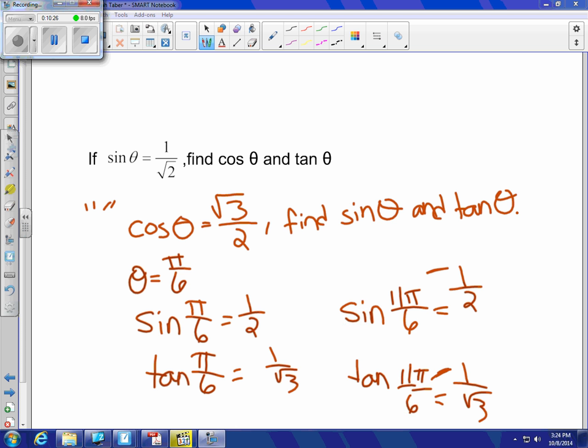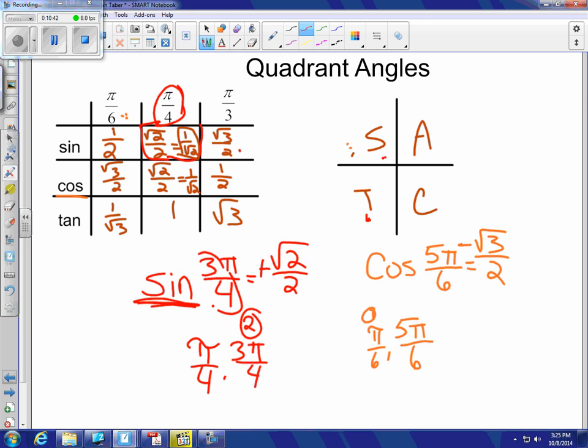Now, I will warn you that sometimes you might be given a negative. Then you got to figure out, okay, which quadrants is cosine negative in? And then you do that. And you figure out, okay, well, it's negative in the second and third quadrant.